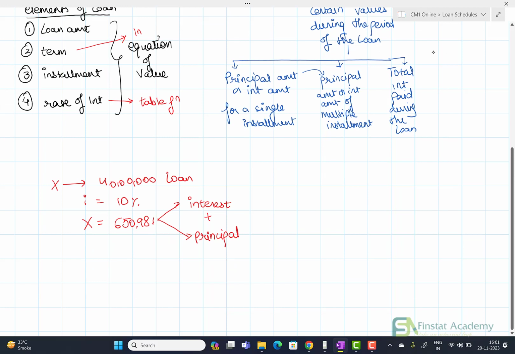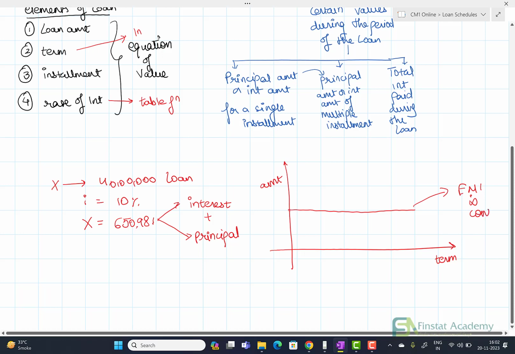So if I talk about the loan, let's say my x-axis denotes my term and my y-axis denotes amount. This 6,50,981 will remain constant, which is my EMI. I don't change it. For all the 10 years, my amount of installment will remain 6,50,981.